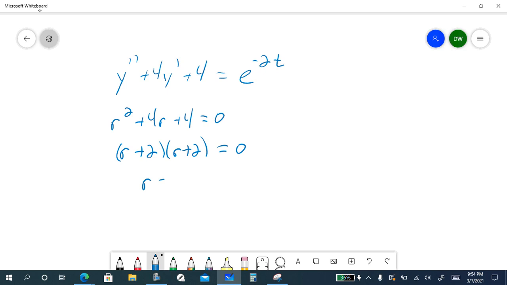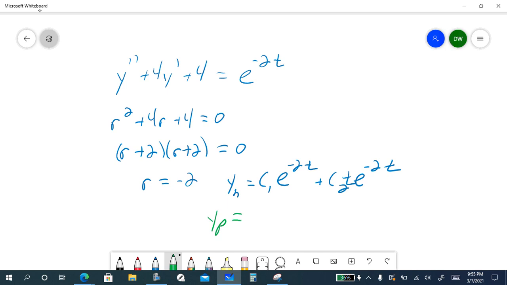So we get r equals negative 2 twice, which means for the homogeneous, our solutions would be C1 e to the negative 2t, and our other solution, we would have to pick up a t so that we are linearly independent to go with our e to the negative 2t.